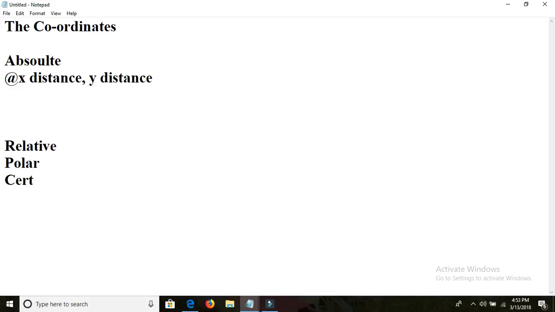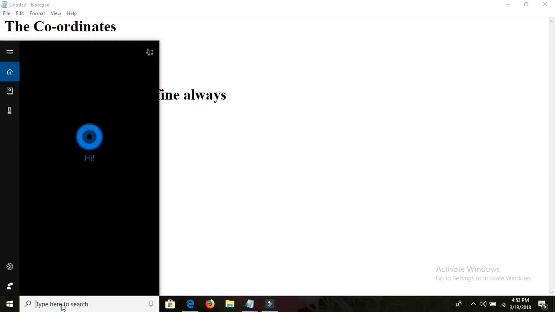Now we have one more rule here: the origin we need to always define. What does it mean? Let me show you a little example, then we can easily understand it.